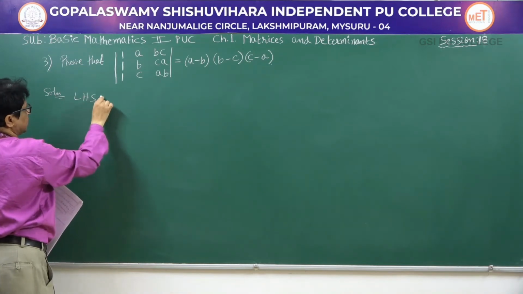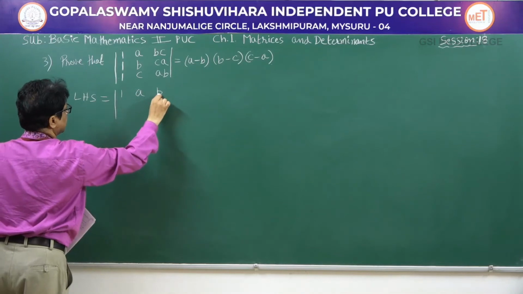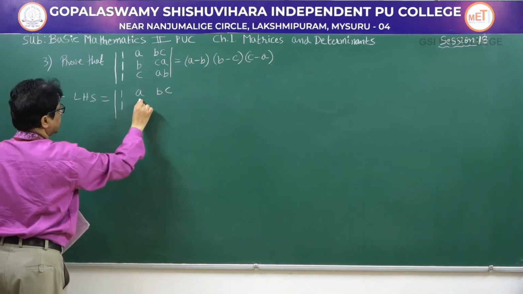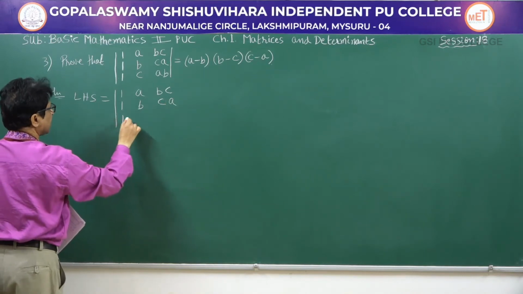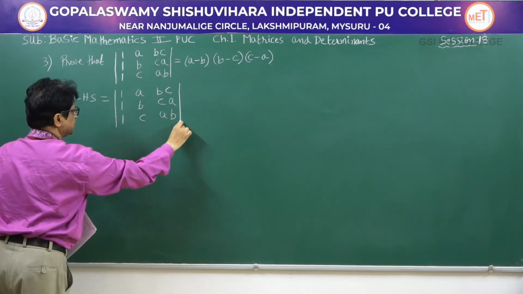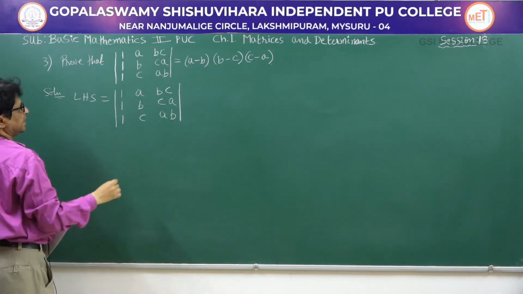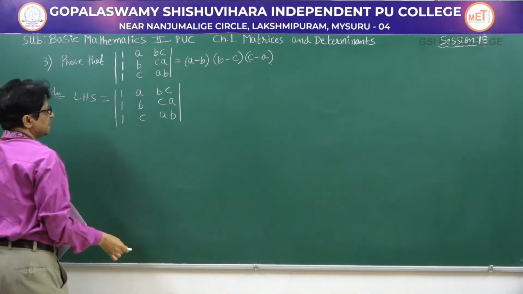So LHS is equal to determinant of 1, a, b, c, 1, b, c, a, 1, c, a, b. So here the answer should be a minus b into b minus c into c minus a.